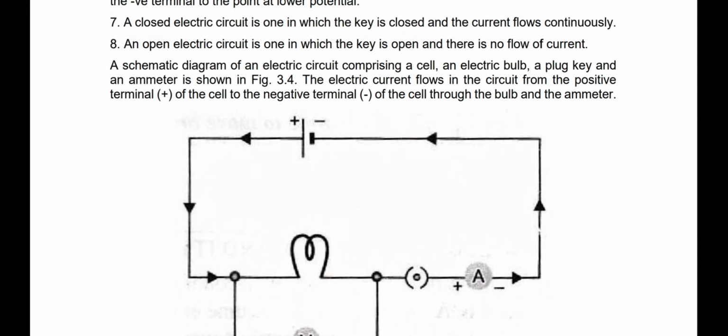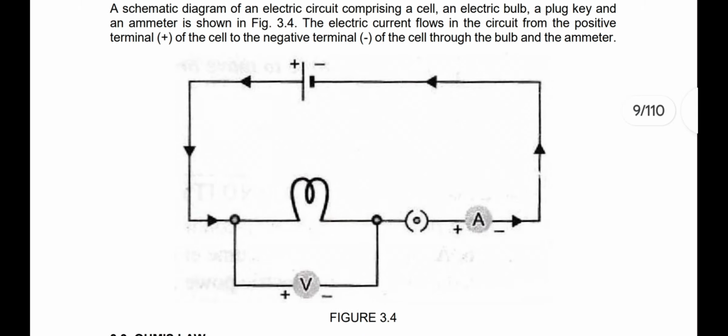Here, for understanding, a schematic diagram is given of an electric circuit which consists of a cell, a bulb, a plug key, and an ammeter. The electric current flows in the circuit from the positive terminal of the cell to the negative terminal. Now let us understand it.